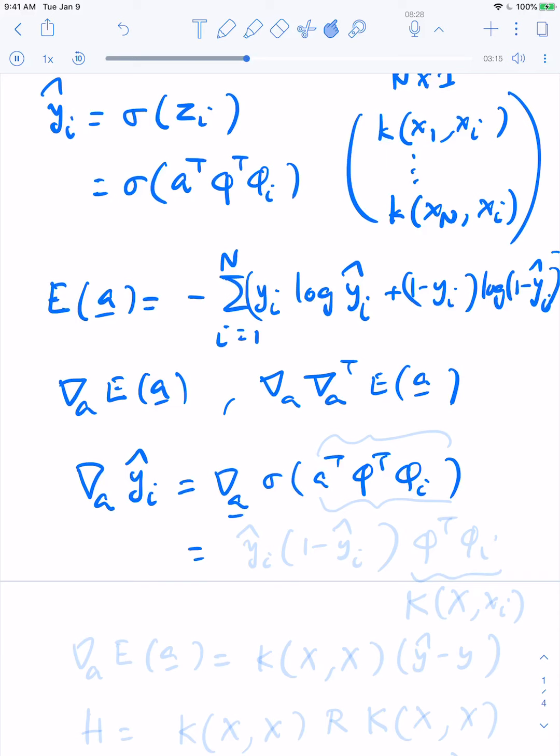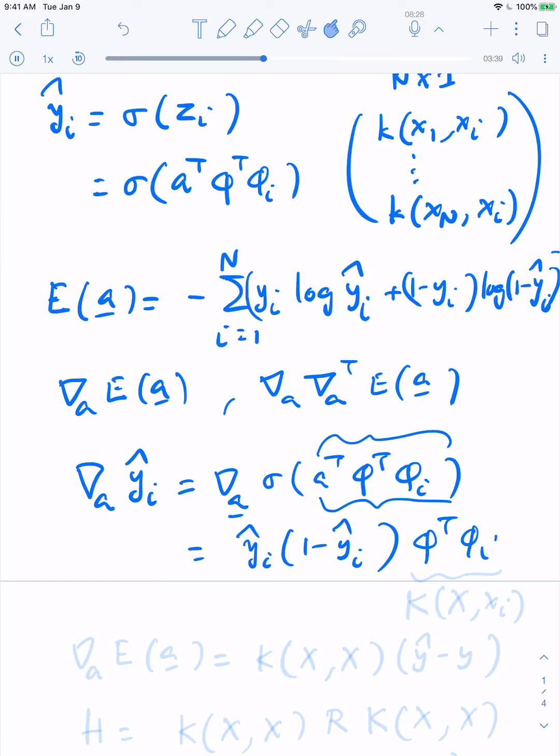So differentiating sigma with respect to its argument gives yi hat times 1 minus yi hat as before. Then I get the gradient of the argument, which is phi transpose phi. That's the kind of change you have.